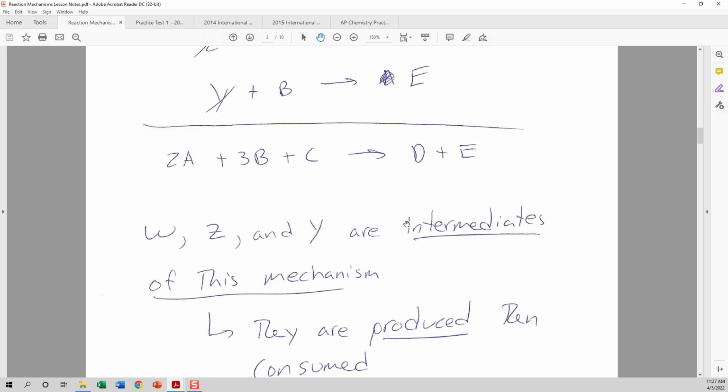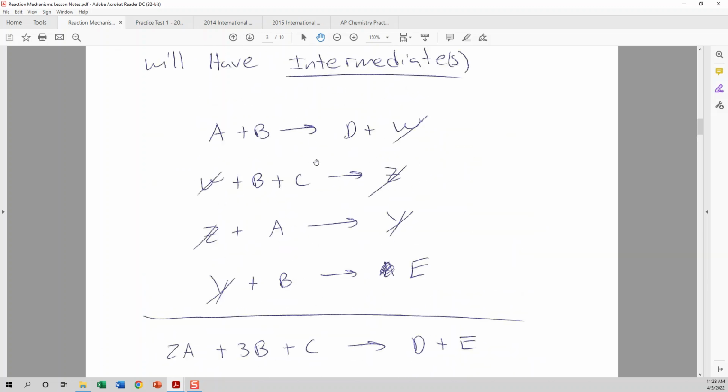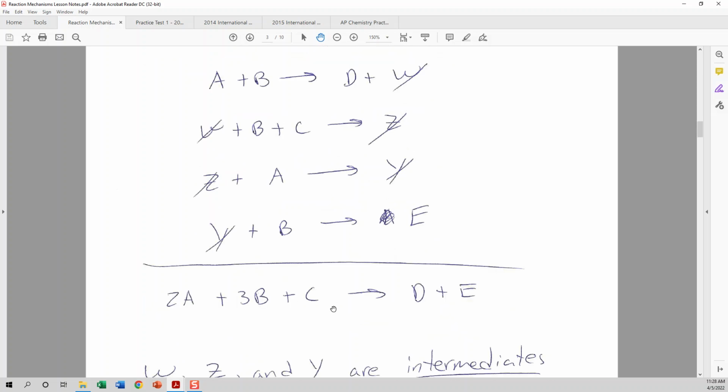But this is how they cancel out in the reaction mechanism, and this will be important later when we get to something called a catalyst, all right? They cancel out this way, on this diagonal, okay? And what we mean by that is they get produced and then they get consumed. So in a previous step of the mechanism, they get produced, but then in a subsequent step, they end up being consumed. So overall, they don't show up in the overall process, but they get produced and then consumed.